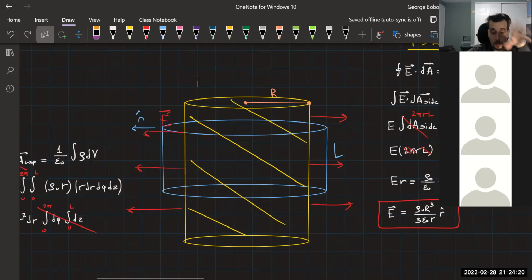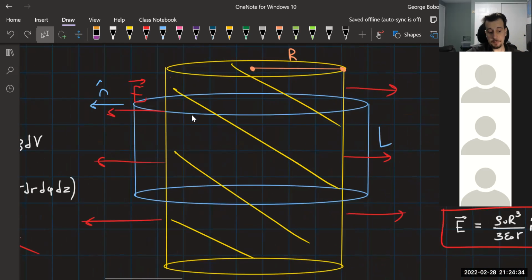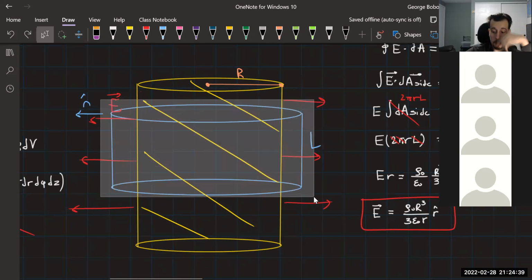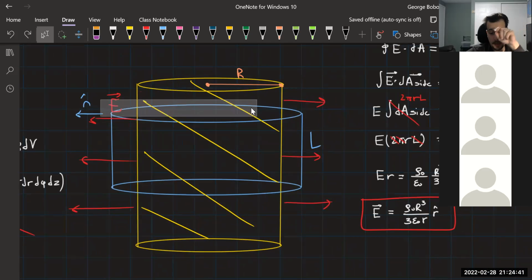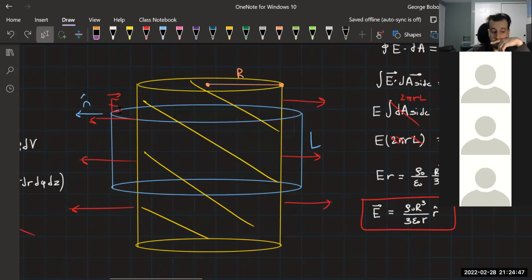Sometimes the volumes agree, like in this case, what you put on the left-hand side is the surface area of this cylinder, and what you put on the right-hand side is the volume of the cylinder. But in this case, on the left, you put the surface area of this cylinder, but on the right, you put the volume of this part of the blue cylinder, because there's no charge here. So don't mix that up.